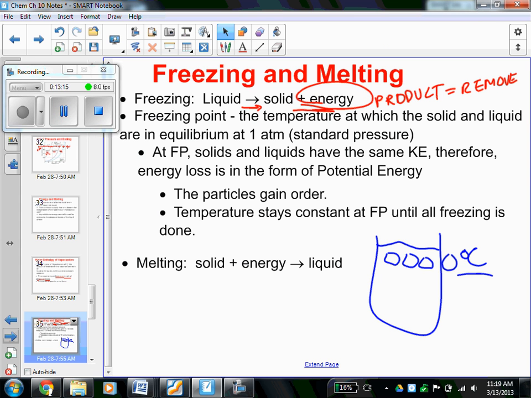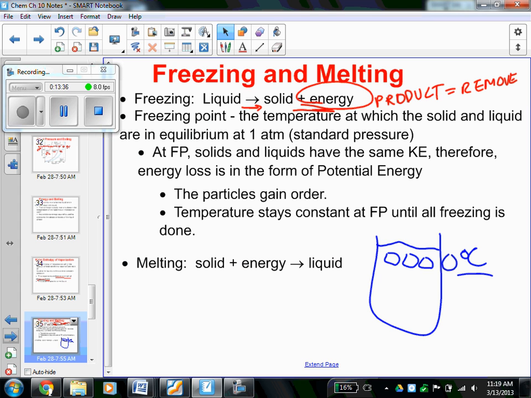It would stay like this forever and ever. If I raise the temperature just a little bit, all the ice melts. If I lower the temperature just a little bit from 0 degrees Celsius, then all the water freezes. But at its freezing point, I have an equilibrium of water and ice.